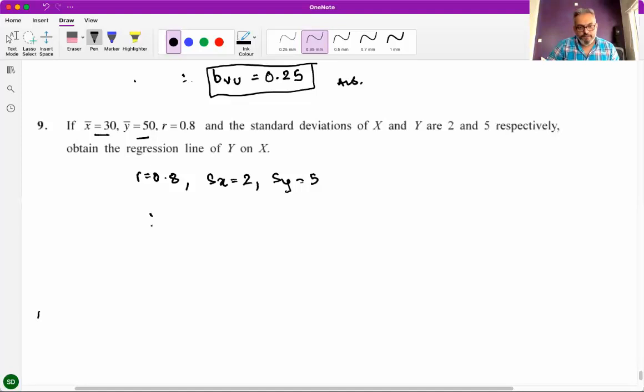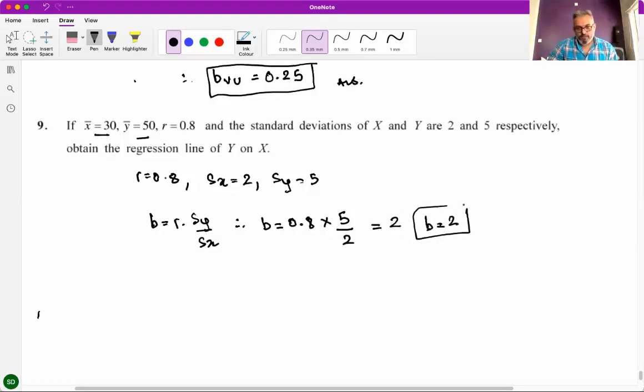So first let's find out b. b is equal to r into s of y upon s of x. Therefore b is equal to 0.8 into s of y is 5, s of x is 2, which is equal to 0.8 into 5 divided by 2, which is 2. So b is equal to 2.